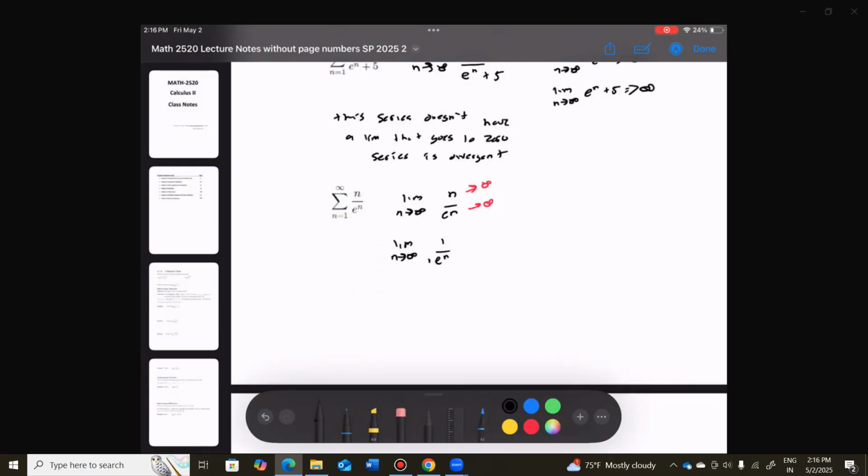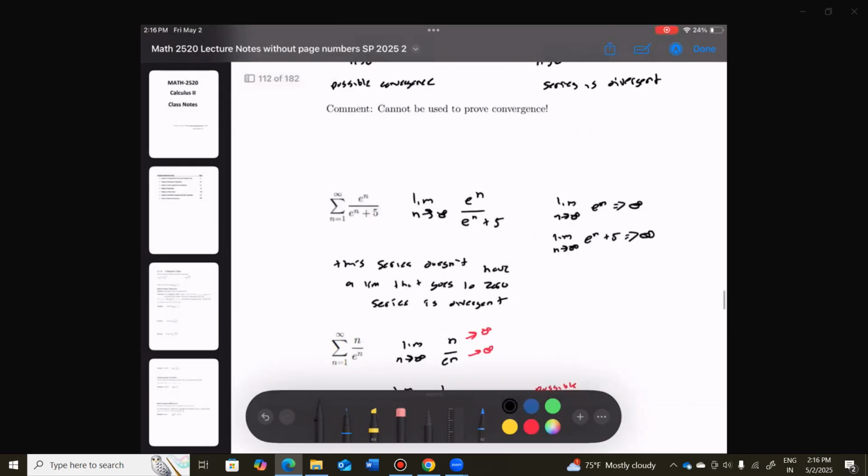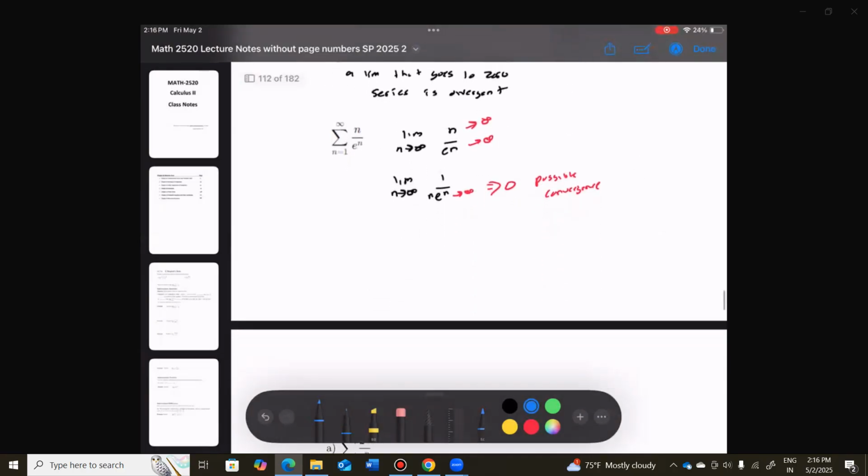Or we can say as n goes to infinity, the bottom e to the n is going to infinity, the top is just 1, so this goes to 0. We have possible convergence. Up top in the previous example, if we took L'Hopital's rule, we would have the limit of e to the n over e to the n, which is just going to go to 1 basically. So it's not going to go to 0.